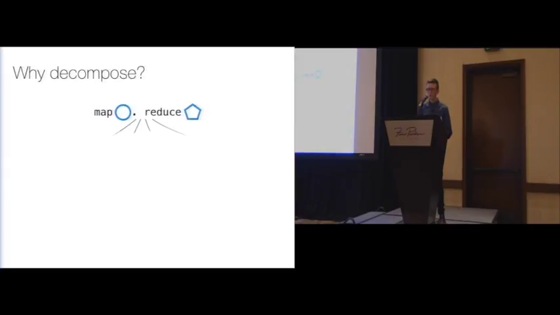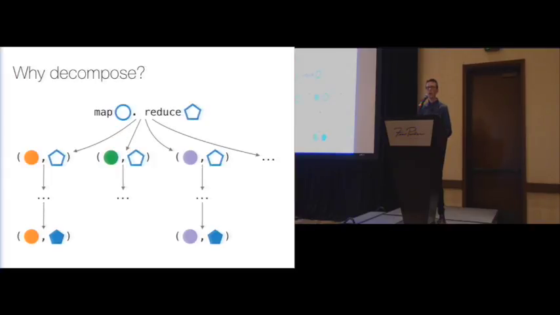When you do this, however, you're looking for completions of each of these different shapes that we see here. So maybe in exploring a tree, you come across the orange circle, and then the green circle, and then the purple circle, and you're branching out. And as you continue exploring this tree based on your heuristic, maybe you come across the solution, the orange circle and the blue pentagon. Now, it might be that the blue pentagon is actually correct in this instance, but the orange circle is making the entire solution invalid.